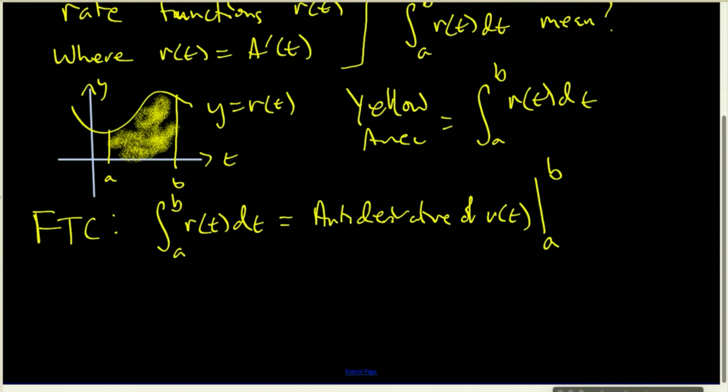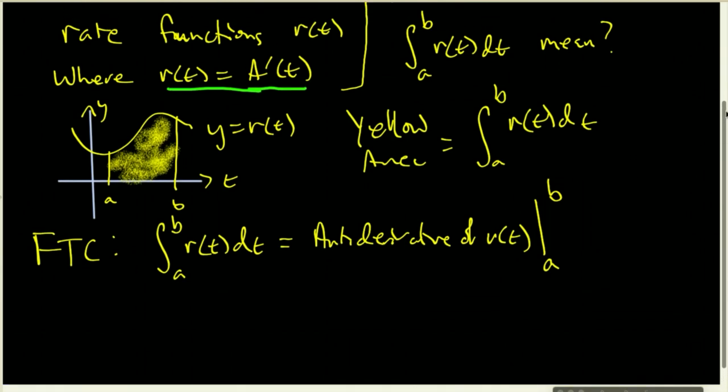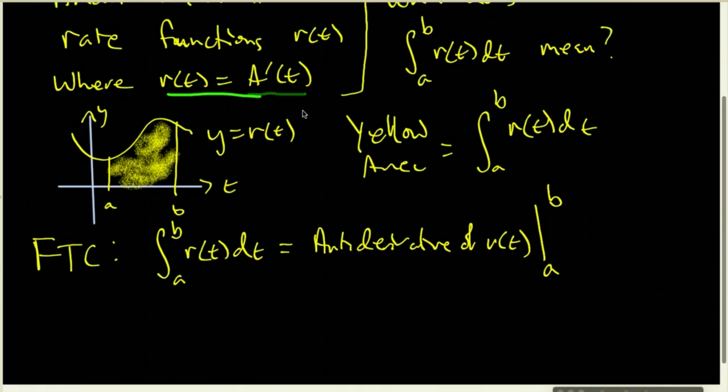And what I want to remember is that in this kind of problem, the amount function's derivative is equal to the rate function, and hence the amount function is a perfectly good antiderivative for the rate function.